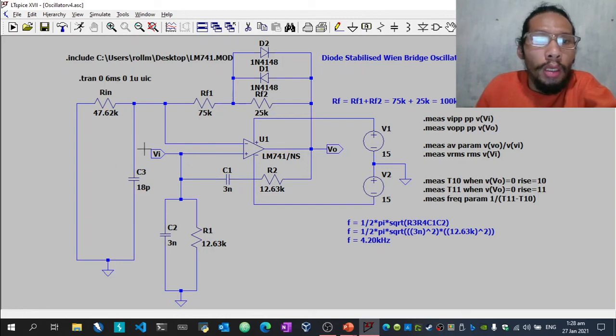So I also use an additional capacitor C3 with 18 picofarads.